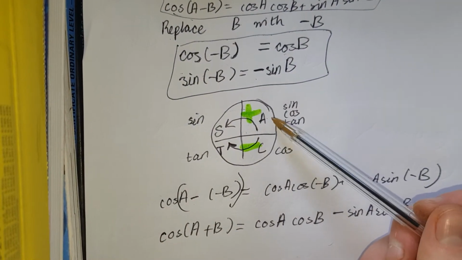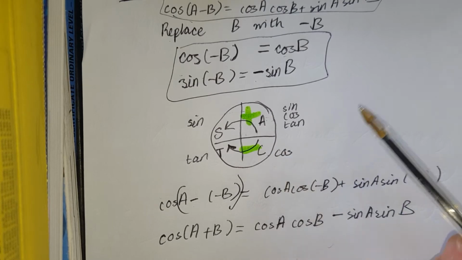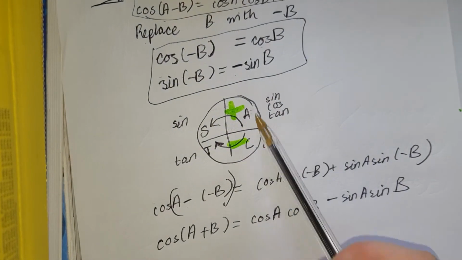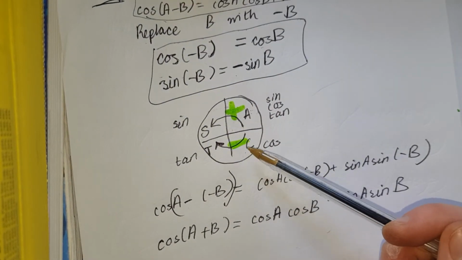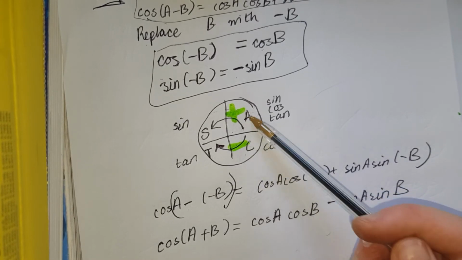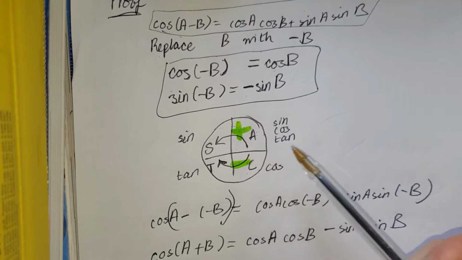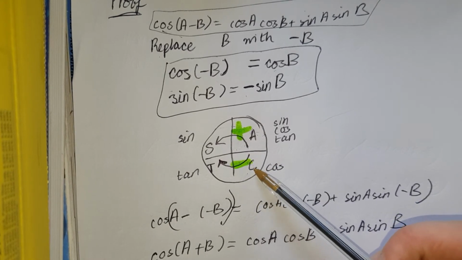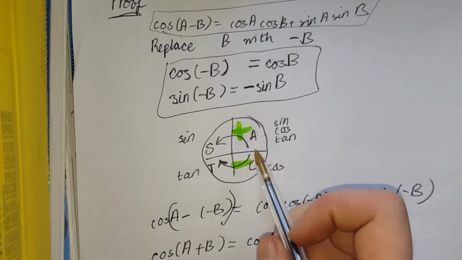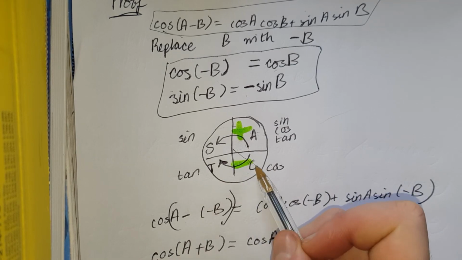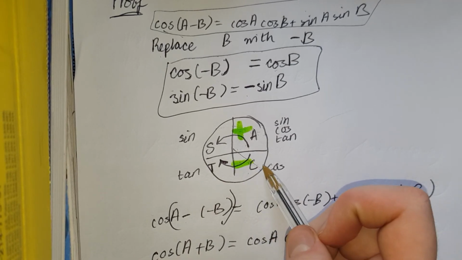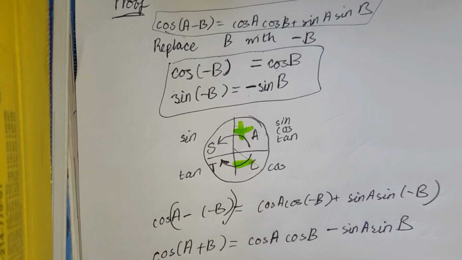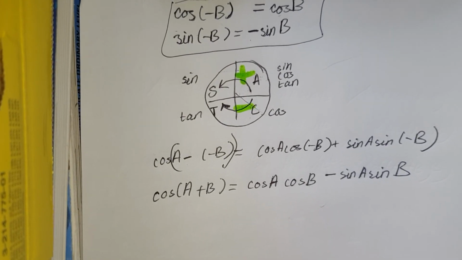If we have the cos of a positive angle and the cos of a negative angle, they're going to be the same because cos is positive in both these two quadrants. But if we get the sine of that negative angle, here only cos is positive, so the sine is going to be negative. And that is our identity proven.